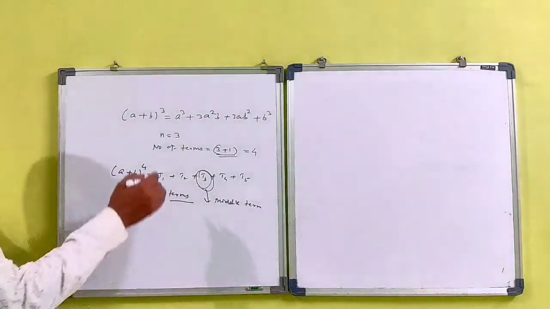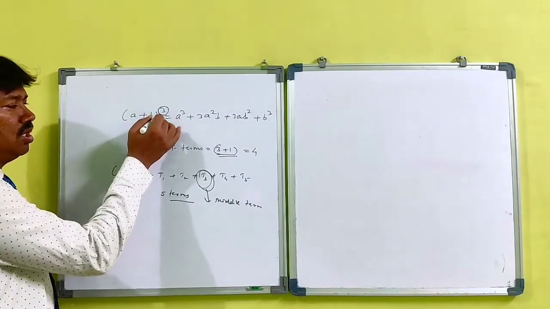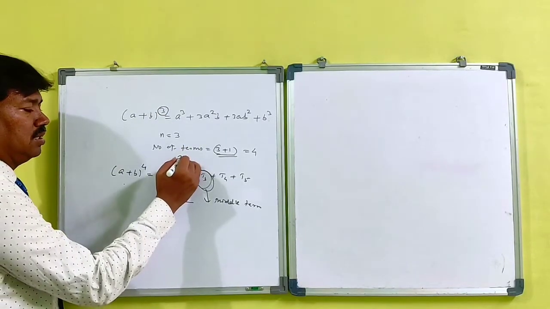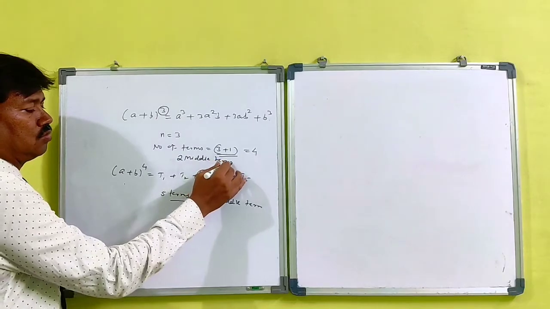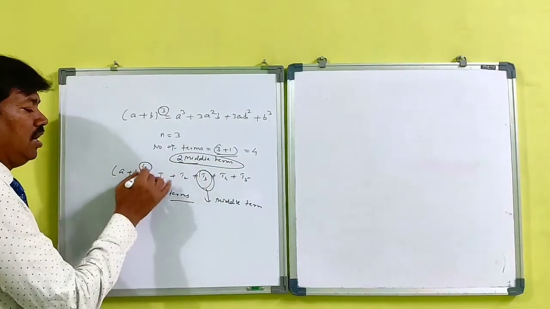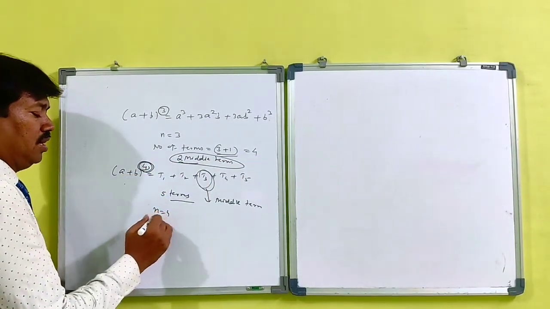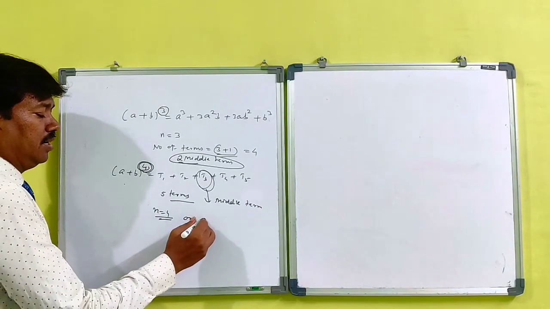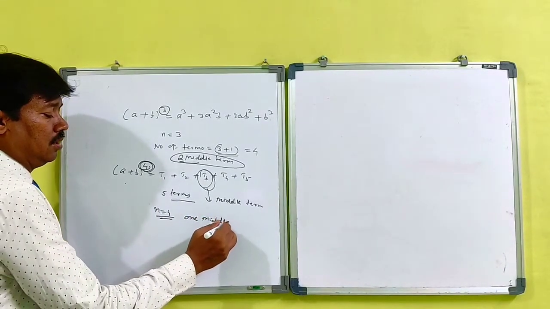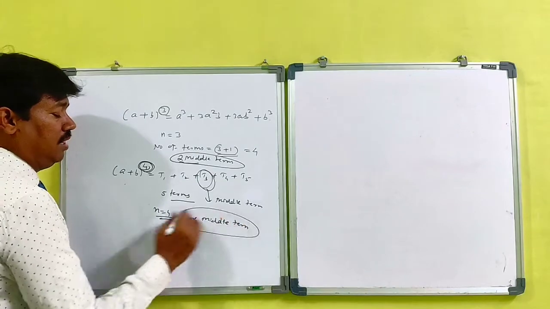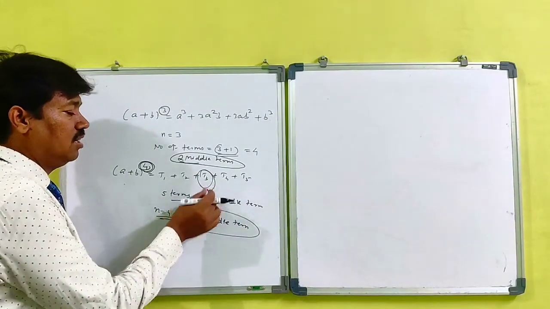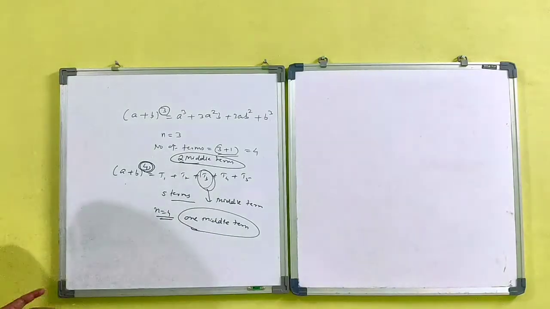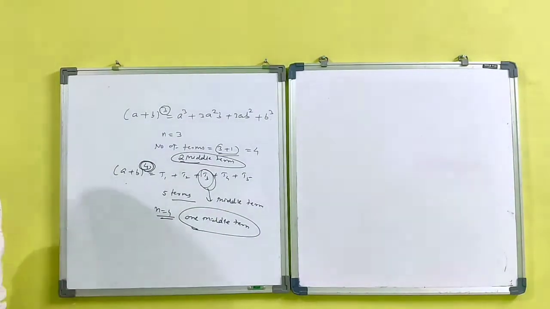That means when n is equal to 3, there are 2 middle terms, and when n is equal to 4, there is 1 middle term, the third term in this case. But can you generalize this?